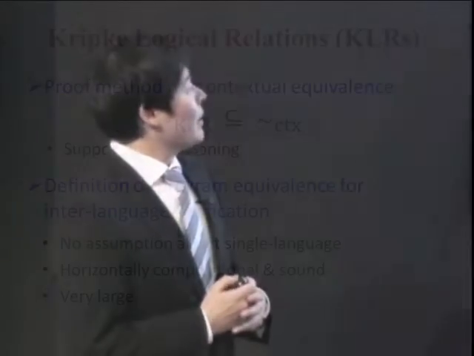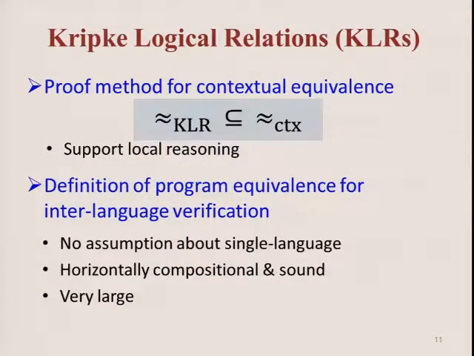Okay, and another nice thing is that this logical relation does not fundamentally bake in the assumption that the programs being related come from the same language. So what I did was take this logical relation as our definition of program equivalence between different languages.